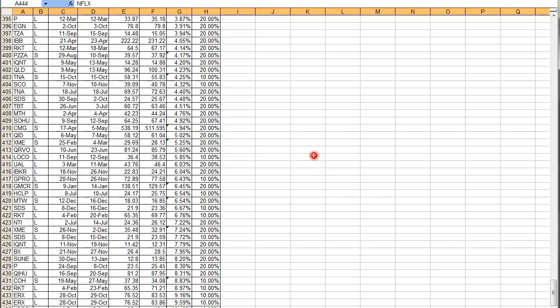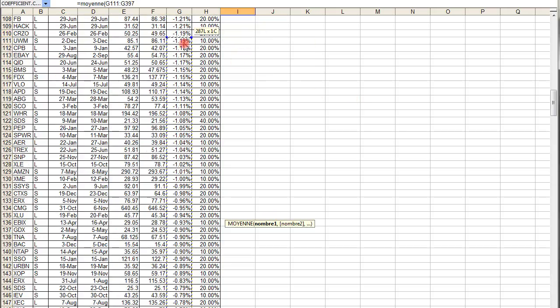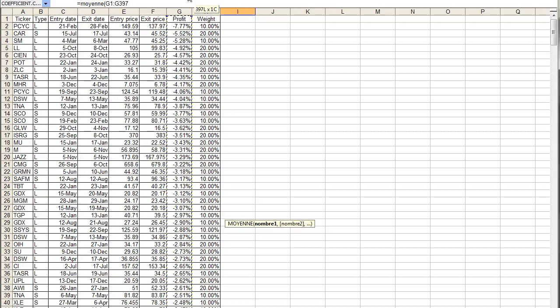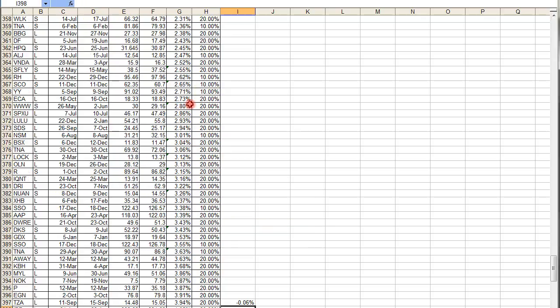And if you look now at the average trade returns between 4% and -4%, so I will calculate the average here. Okay, I go up to this level. You see it's slightly negative, -0.06%.